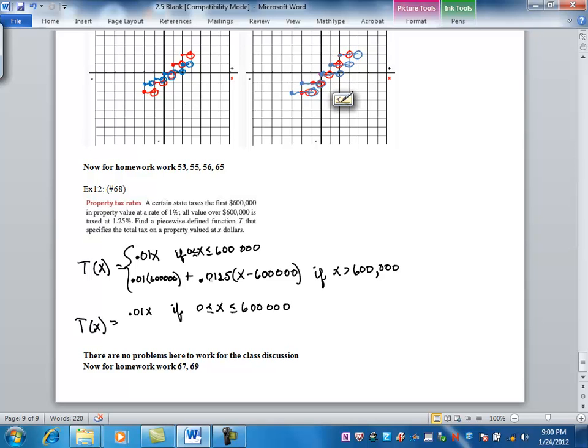And then when we simplify this line here, we get 0.0125x minus 1,500, and that is if x is greater than $600,000. Alright, again, no class discussion problems to look at here, but for homework, please take a look at problems 67 and 69, and this concludes our lesson on 2.5.